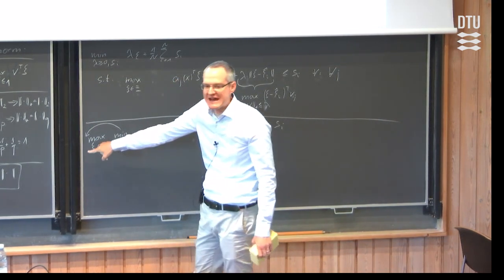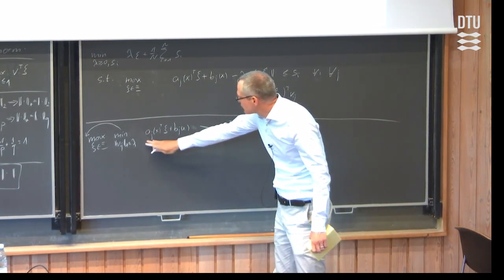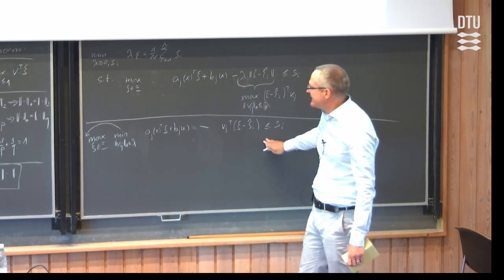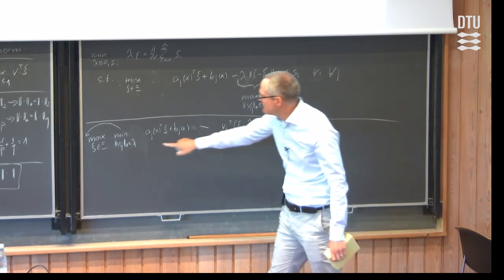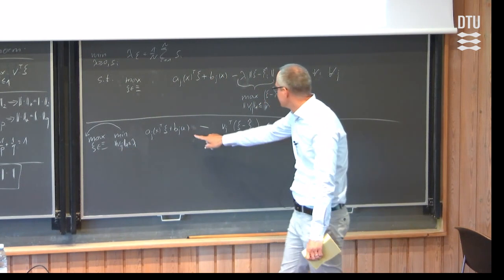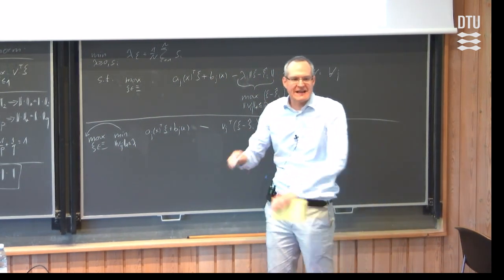I can move this min outside. The reason for that is that the function here is linear in xi for every fixed v_ij and is linear in v_ij for every fixed xi. So this is like a saddle function.